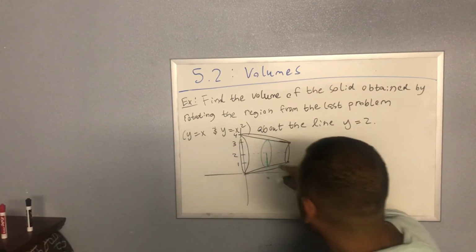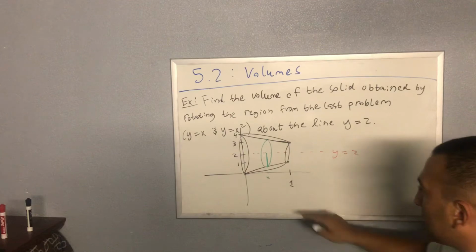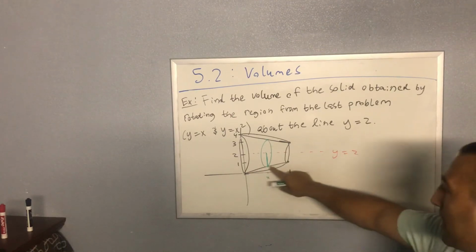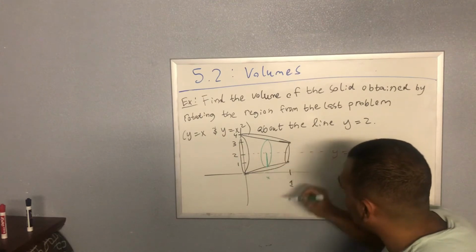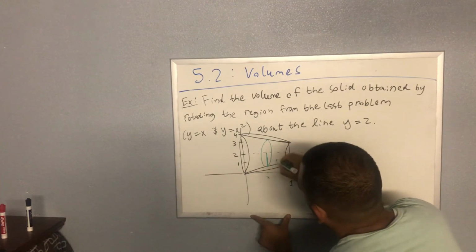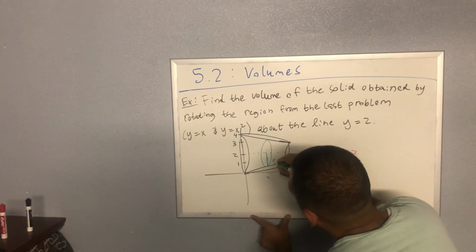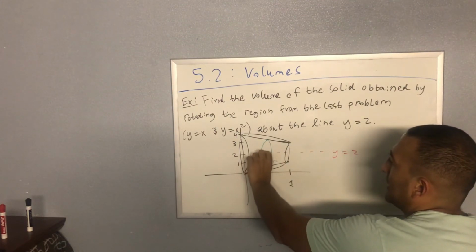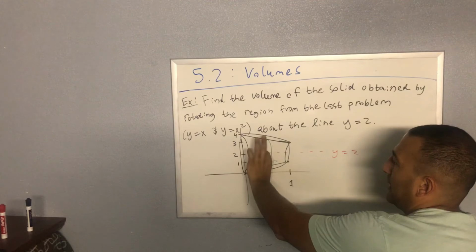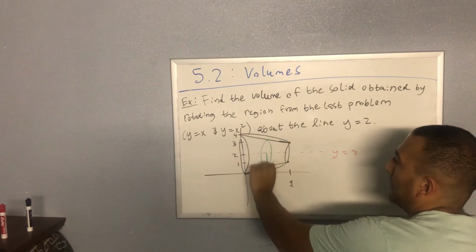Okay, so maybe let's look here so it's less complicated. So this is the line here, right? And this is the radius. So small r. From here to the line is 2, right?